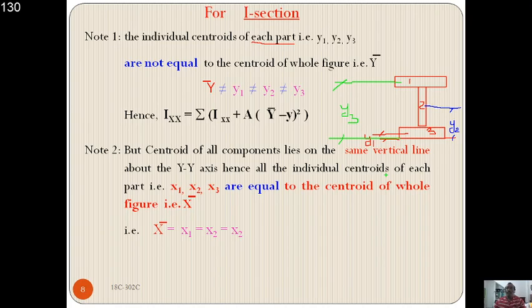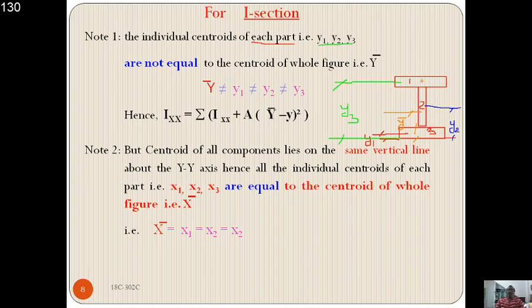So you need to find out all these individual part centroids, and you already know the final centroid. The final centroid is somewhere around here. So this might be the final centroid, and from this point to this point, it is y bar.